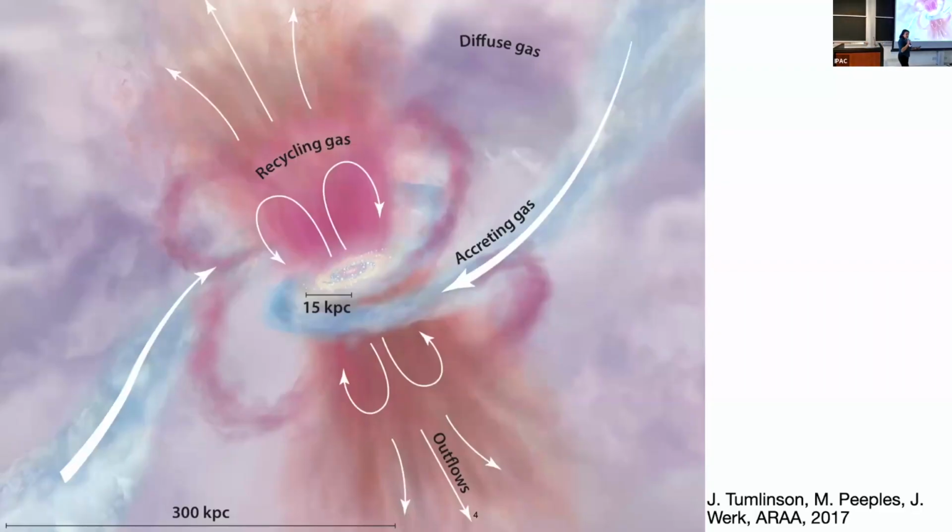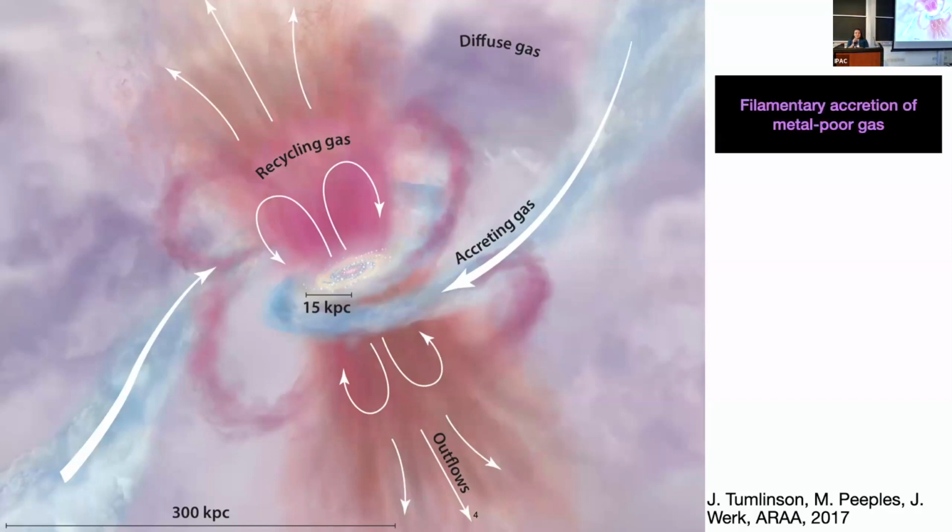The reason why we want to study galaxy metallicities is because they tell us something about the baryon cycle, which I'm showing you here. Phil did a fantastic job of showing us how when you look at a simple picture and then dig into the details, things are really messy and complicated. This is definitely true for the baryon cycle. But briefly, what I'm showing here is that you have filamentary accretion of metal-poor gas from very far away from the galaxy.